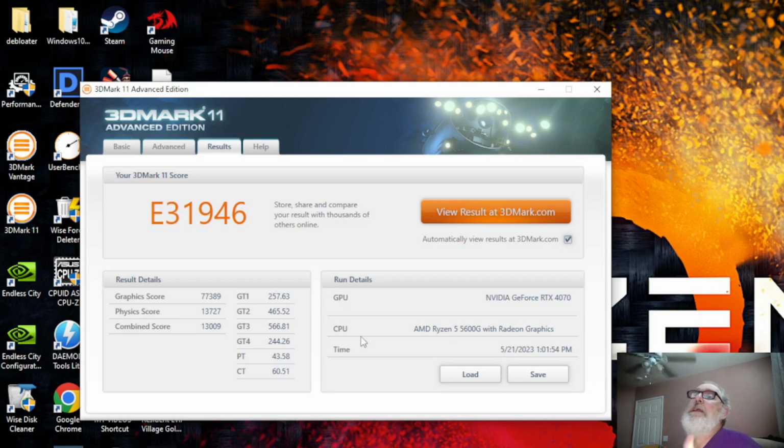It says 31,946 on the score. This is from 3DMark 11. Graphics score 77,389. Physics score 13,727. Combined score of 13,009. Okay, so to me, I think that's good.